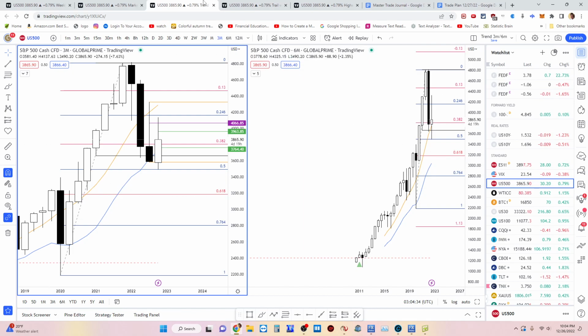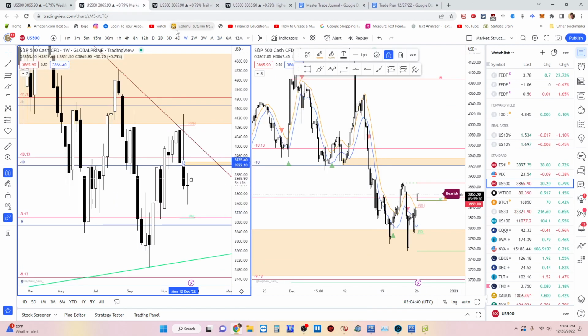I don't know. But using just kind of all these atypical things, whether it's the pitchfork or the fibs from the swing high, swing low, or the oscillators, or the H4 breaker retest, we are trying to find just kind of some probability where, okay, that's the possible top.